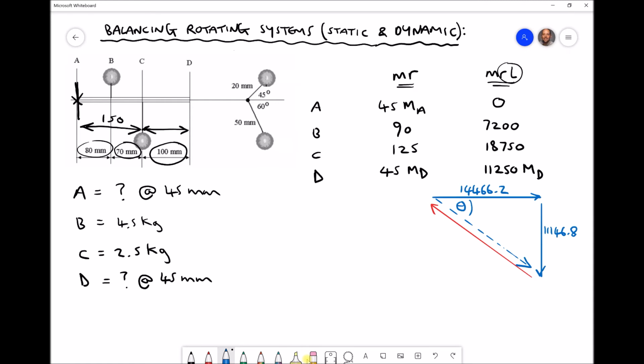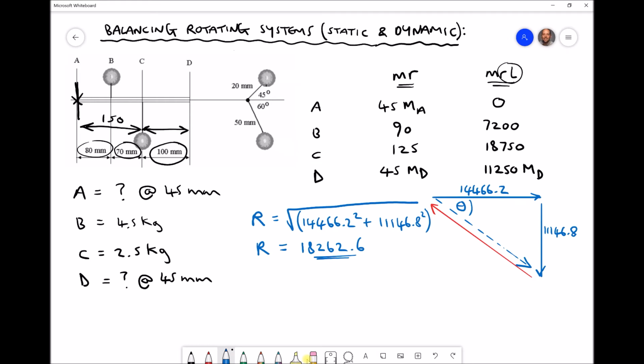So using Pythagoras' theorem, we know that r squared equals the sum of the square of the two shorter sides. Therefore, r equals the square root of the sum of the squares of those two shorter sides. We have 14466.2 squared plus 11146.8 squared, giving us a resultant this time equal to 18262.6.